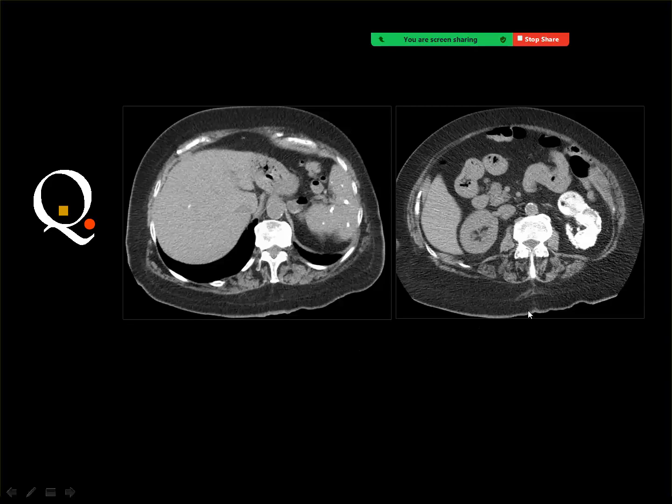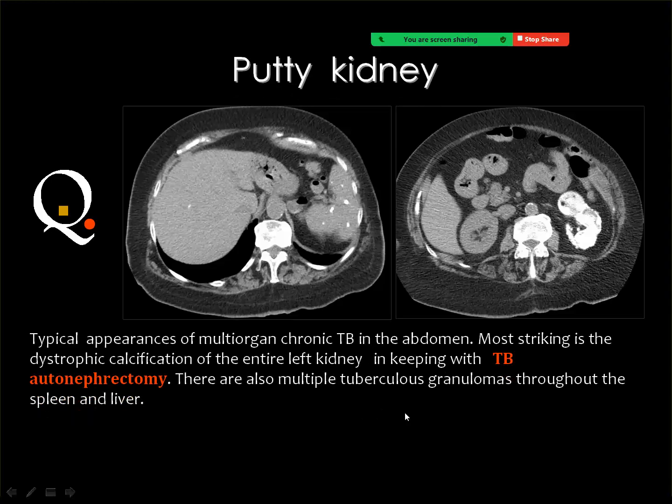This is TB of the kidney, TB of the spleen, and TB of the liver. And this kidney is known as end-stage kidney or putty kidney, which is totally calcified and is out of function, sometimes known as TB autonephrectomy.